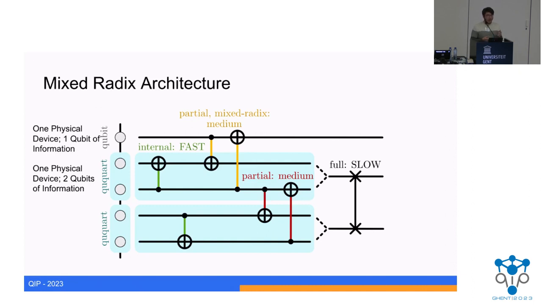But we might pay a cost by having more expensive gates between Q-ports and qubits, or even between two pairs of Q-ports. And even in the best case scenario in terms of space, where we've halved the total physical devices that we need to execute our program, we'll mostly be using these medium-slow operations. So there's definitely a trade-off between how many things should be compressed into a smaller number of objects.